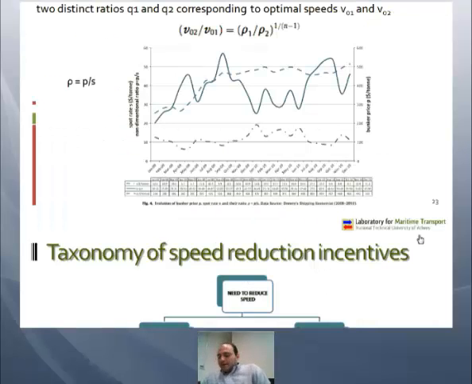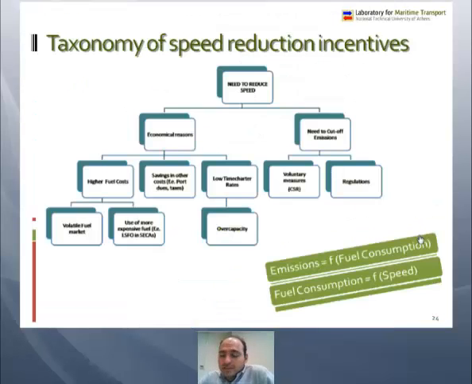I am now coming back to this important topic, speed reduction, and in this figure I present a taxonomy of the incentives, of the reasons why the owner or the charterer reduce the speed of the vessel.